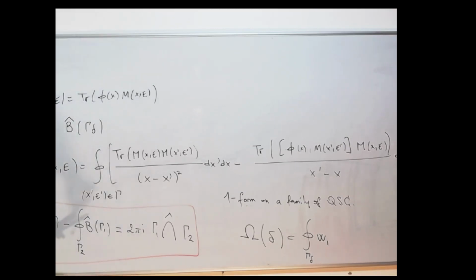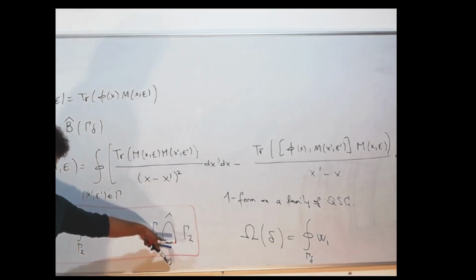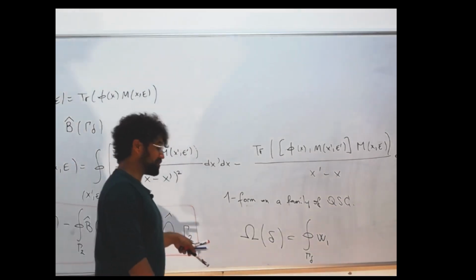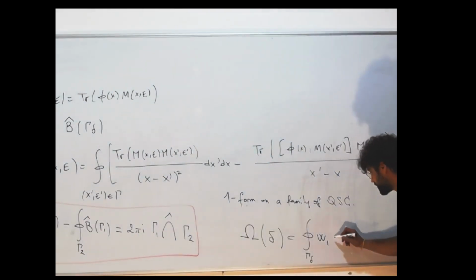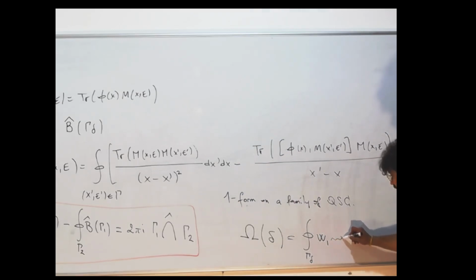Okay? Now this equation here tells you that this one form is not closed. And it tells you exactly that its curvature is the intersection form. So let's put it this way.